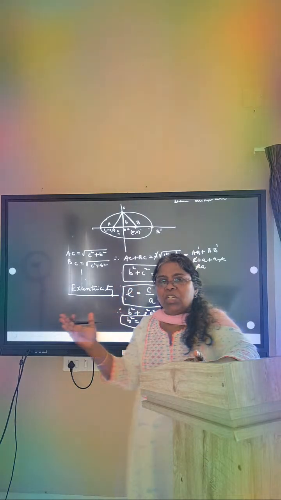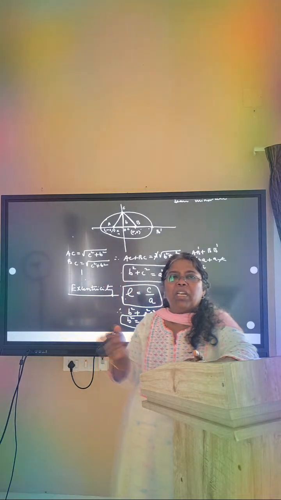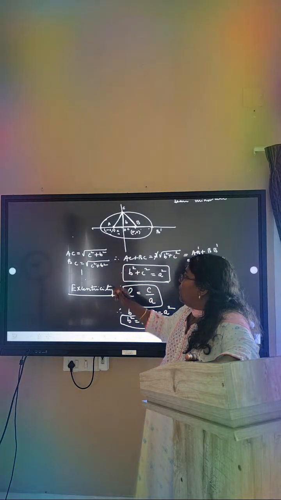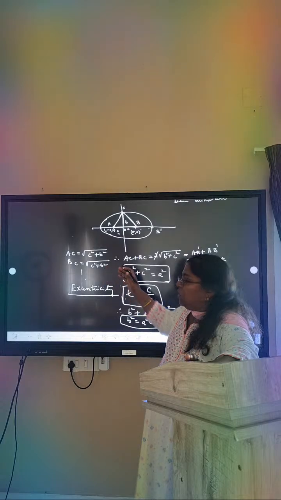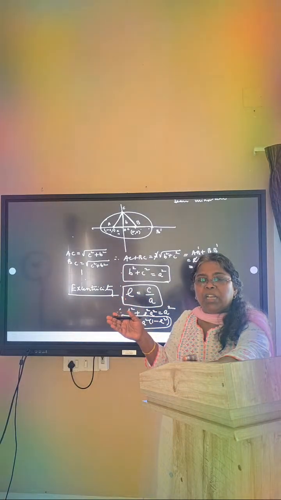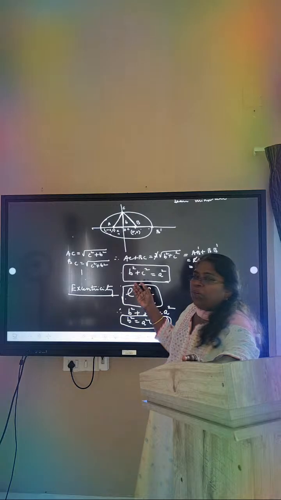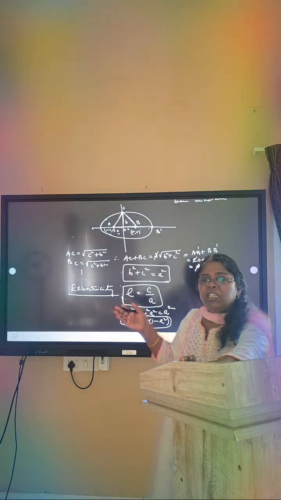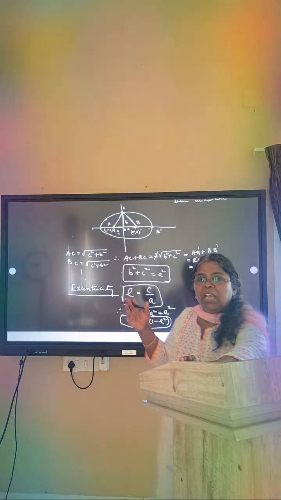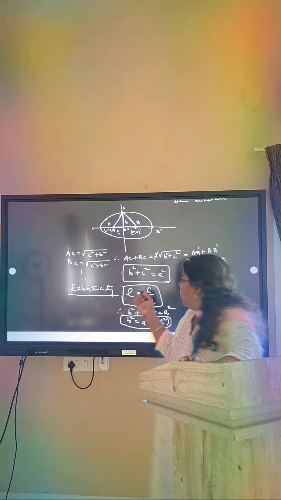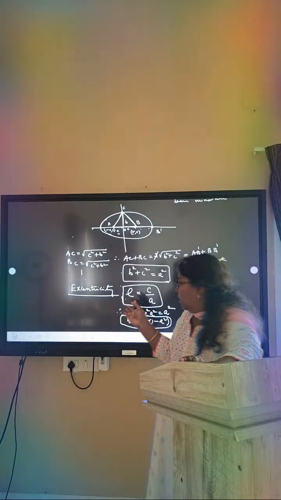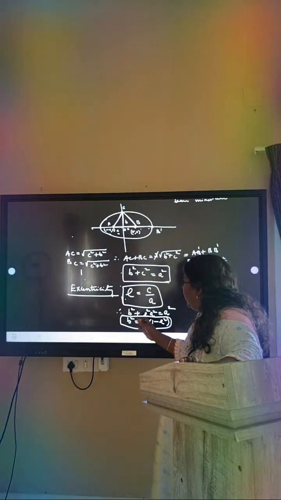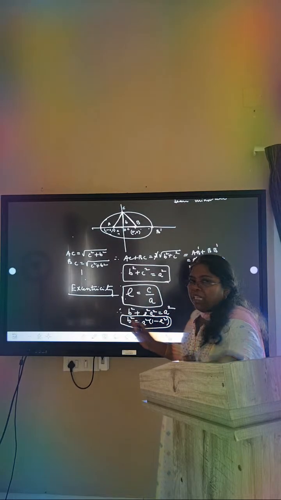The length of the major axis will be 2a, the length of the minor axis will be 2b, and you have a relation between the center, the semi-major and the semi-minor axis. The relation is b square plus c square is equal to a square, and then the eccentricity e is equal to c by a, which is nothing but the ratio between the center and the semi-major axis, and with the help of that the equation becomes b square is equal to a square into 1 minus e square.